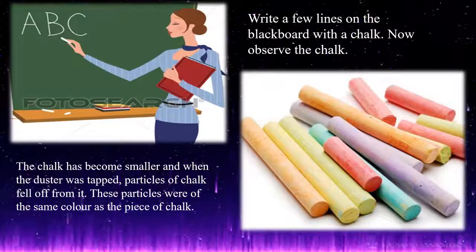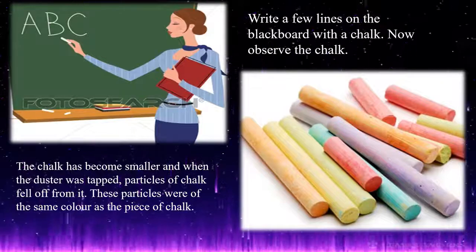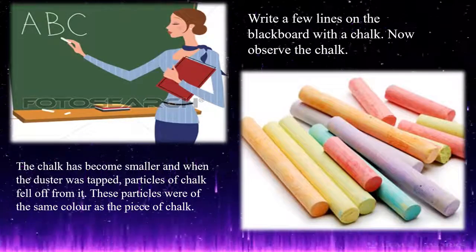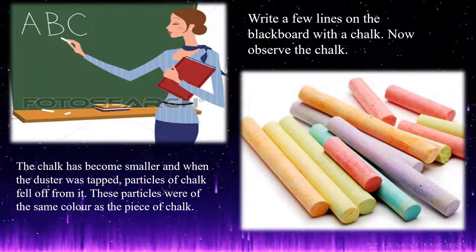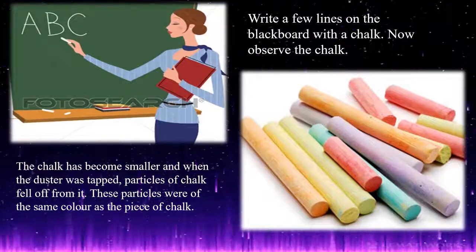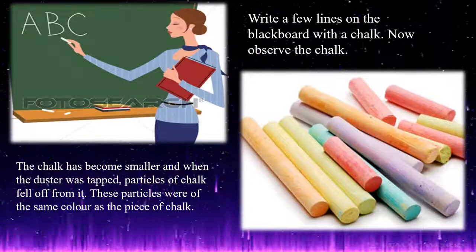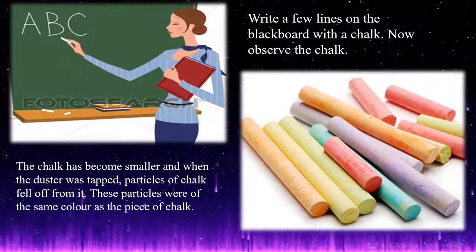You must have noticed that when you write with any colored chalk, whether it is red, blue, green, orange, purple, and you erase the board with a duster, the particles of the chalk fall down. You will find that the particles have the same color as the chalk, है ना? और chalk का size भी कम हो जाता है.